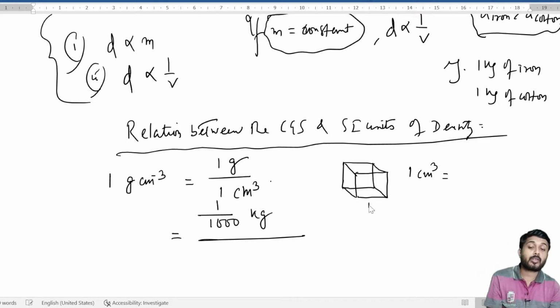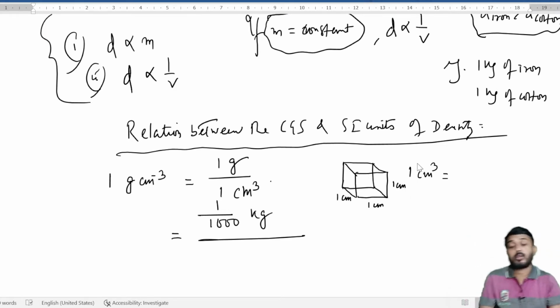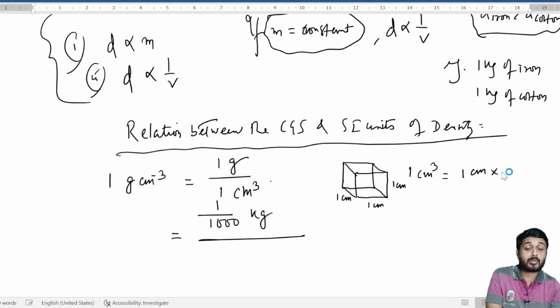Such a cube whose length is 1 centimeter, whose breadth is 1 centimeter, and whose height is 1 centimeter. The volume of such a cube is 1 centimeter cube, which means 1 centimeter into 1 centimeter into 1 centimeter.